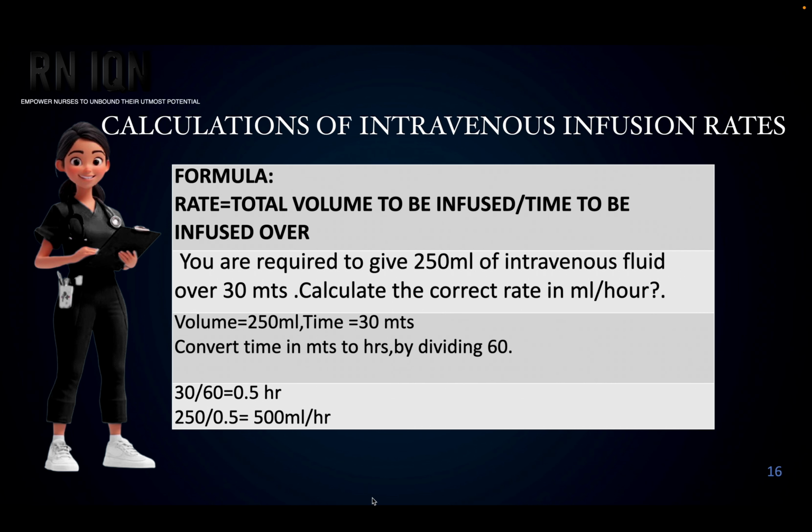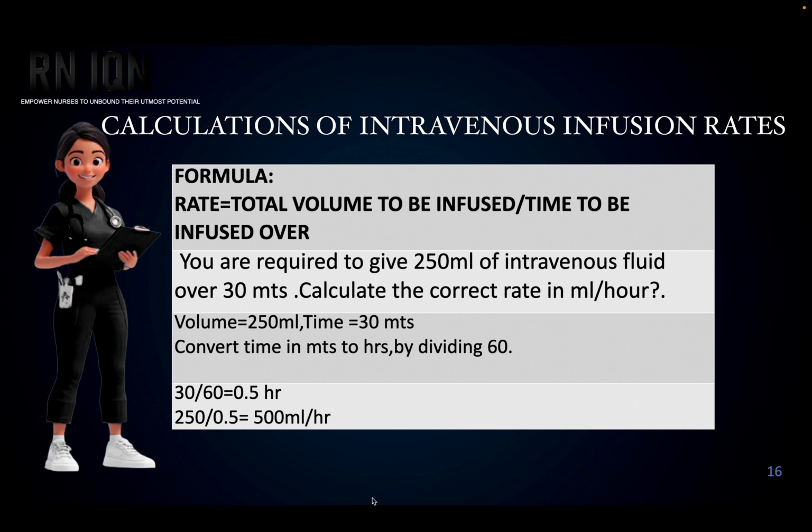Here we use the formula: flow rate is equal to volume to be infused, that means total volume to be infused, divided by time in hours. If the time is given in minutes, first convert it into hours by dividing by 60.